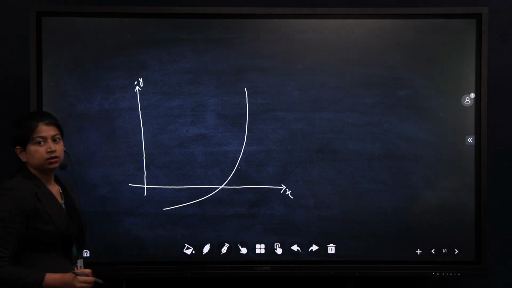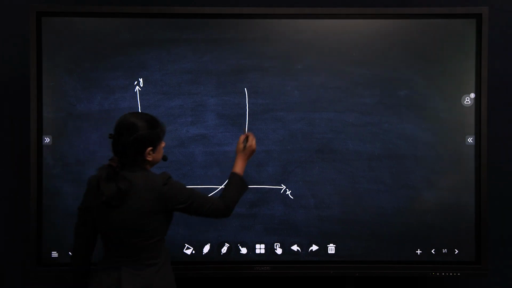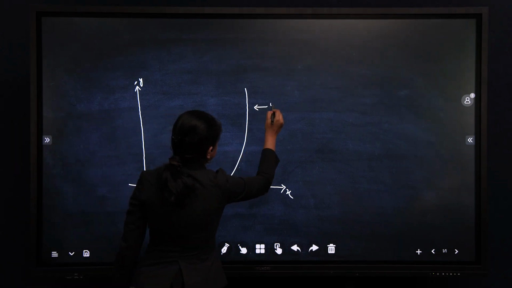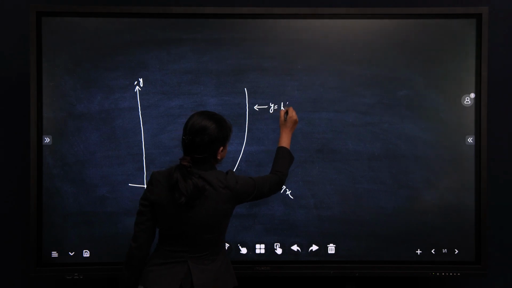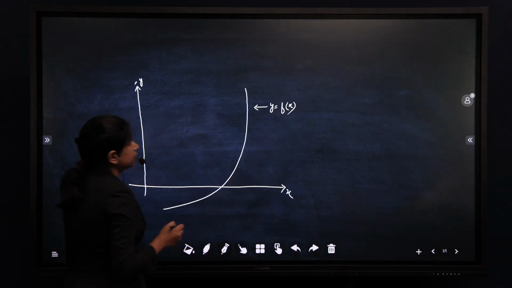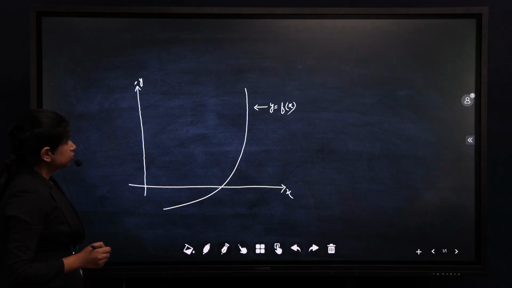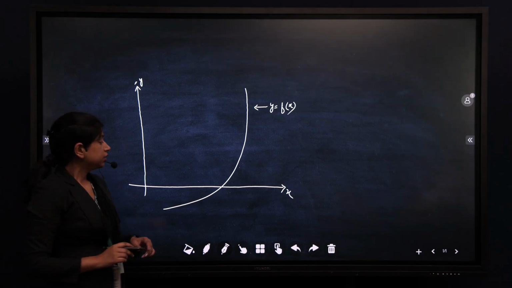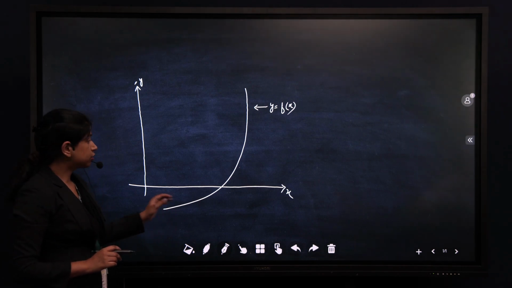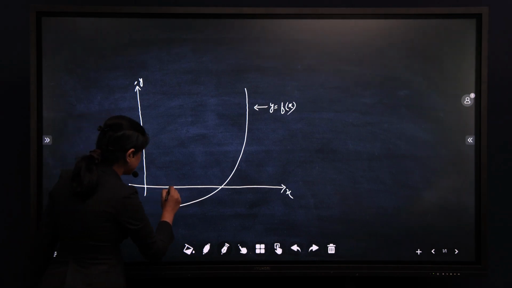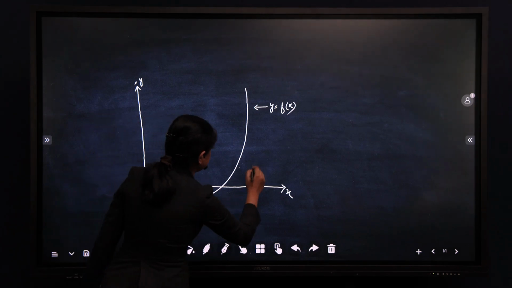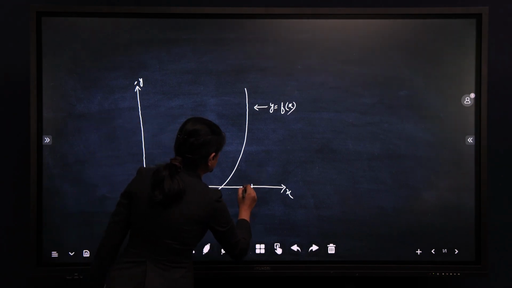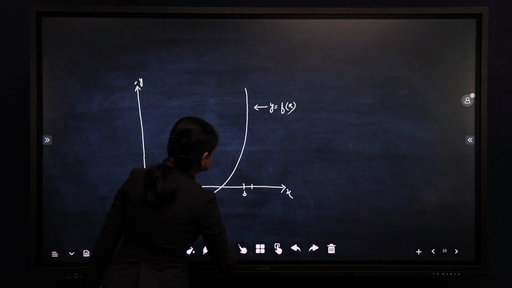This is y = f(x). Now you need to take two values on the x-axis. One I am taking here, this is a, and one I am taking here, that is b.